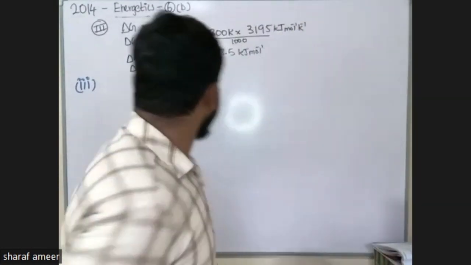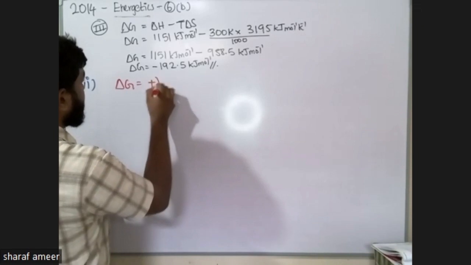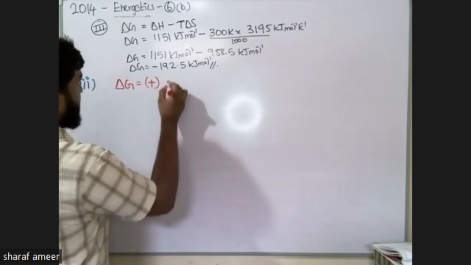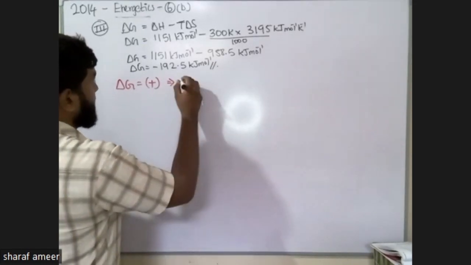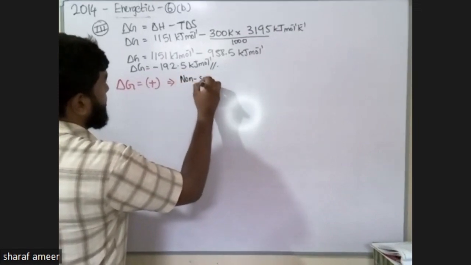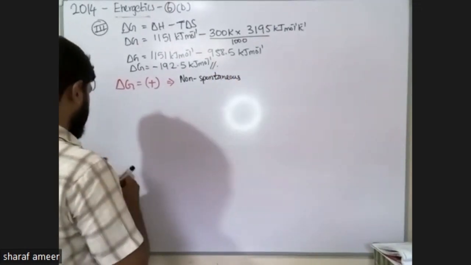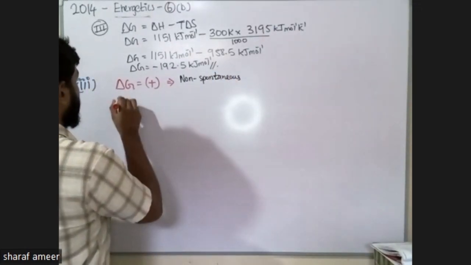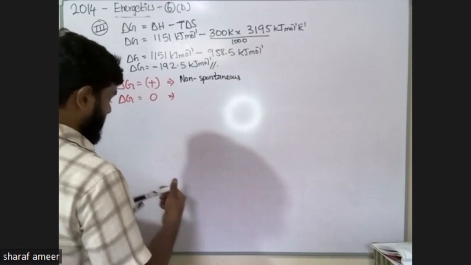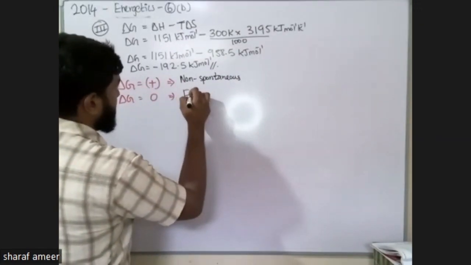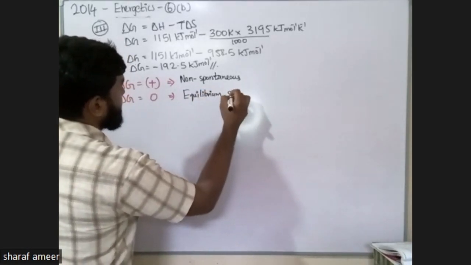So therefore, when delta G is positive, what we will say? When delta G is positive, it is non-spontaneous. The reaction is non-spontaneous. When delta G is 0, we consider them as an equilibrium system, right?